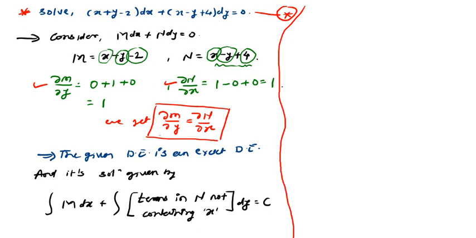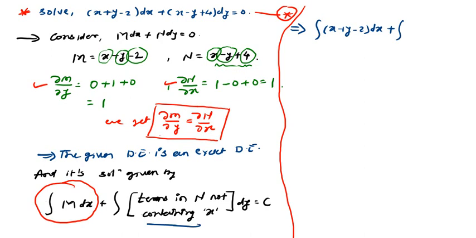For this, you now know the value for M. So in the first term, we will directly put the value for M. So this will be equal to integration of M, what is M? M is x plus y minus 2, dx, plus integration of the terms in N not containing x. So what is N? N is this.